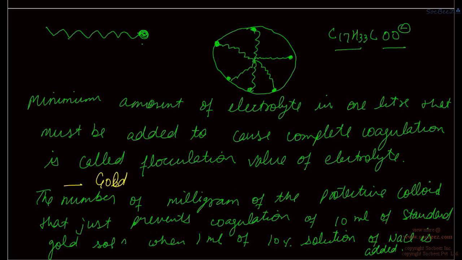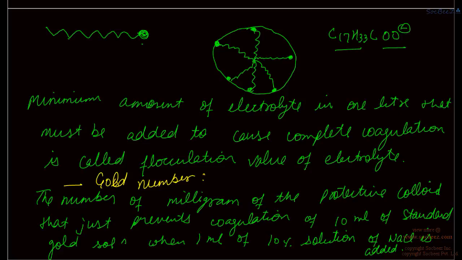So this is known as the gold number of a colloid. Remember this definition.